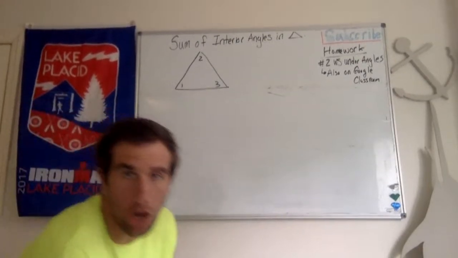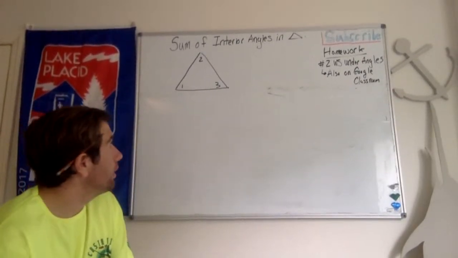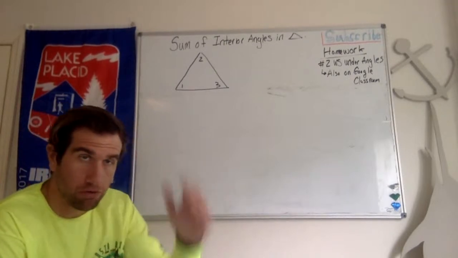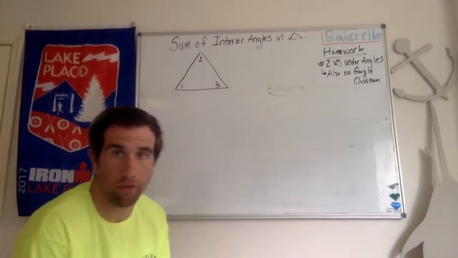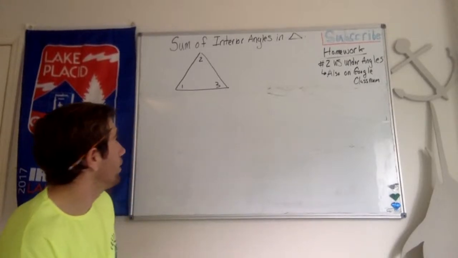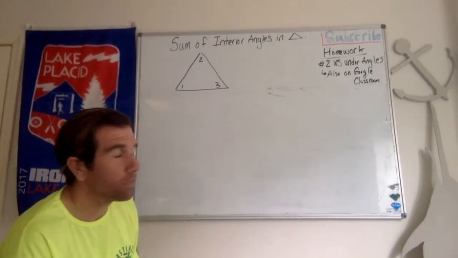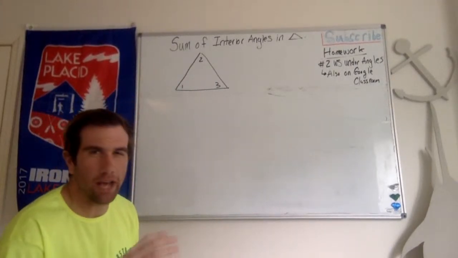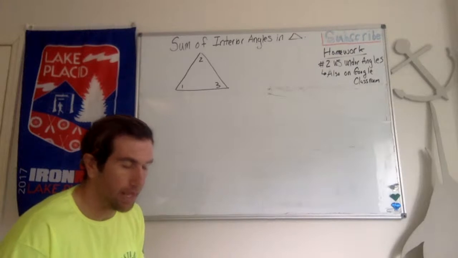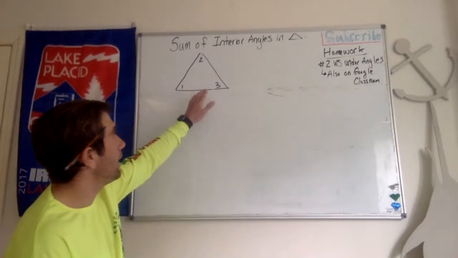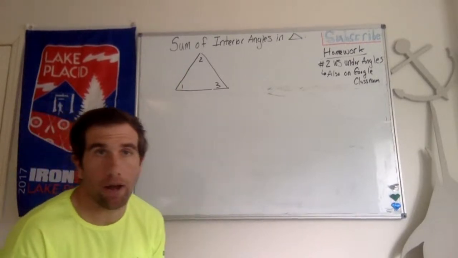All right. So, sum of interior angles within a triangle. So, guys, the shape of a triangle, like everyone should know from our very, very young years in elementary school, there are 3 angles in a triangle, right? All different types of triangles. That's really not our topic today because it's all the same. There are 3 angles in a triangle, and you should know this already, but I'll go over it.